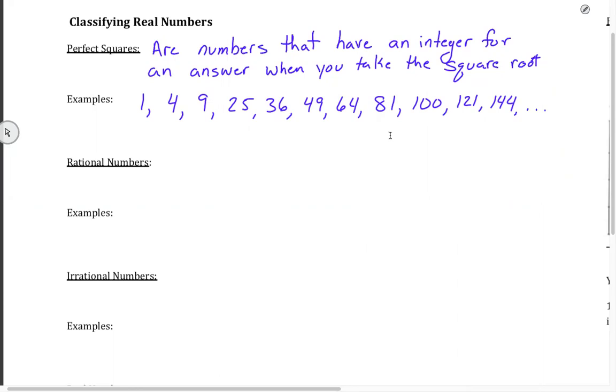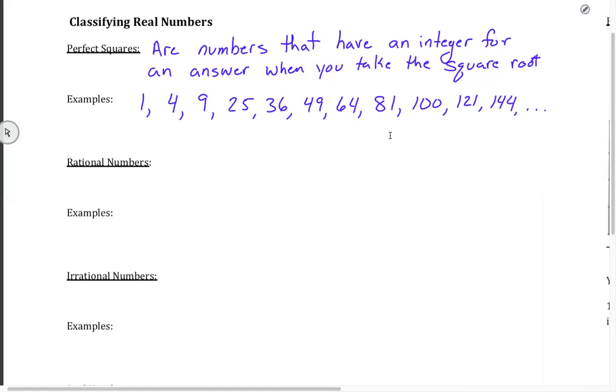Now, any number in between them, so say like 7 is not a perfect square. 14, not a perfect square. 32, not a perfect square, because it's in between two perfect squares.